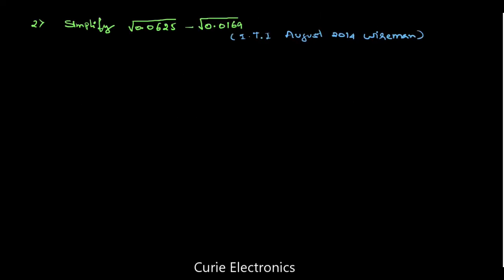Okay, next question. Simplify 0.0625 minus the square root of 0.0169. Let me write it once more: 0.0625 minus square root of 0.0169, which equals.